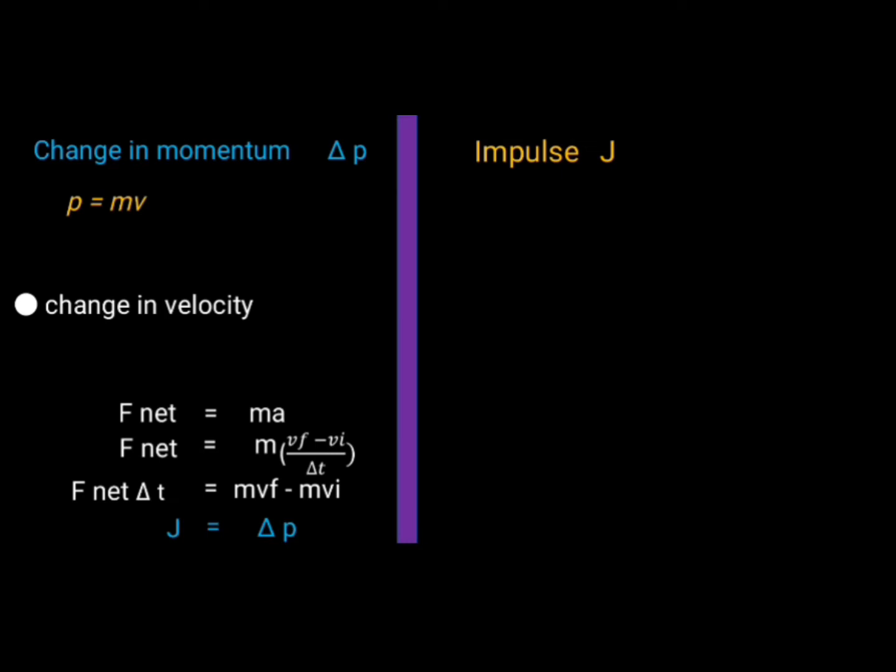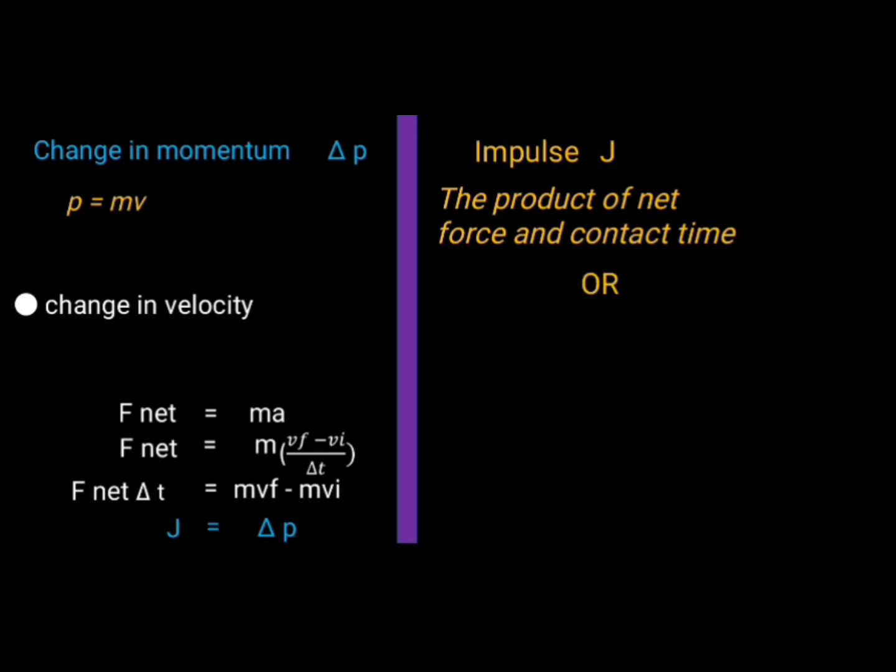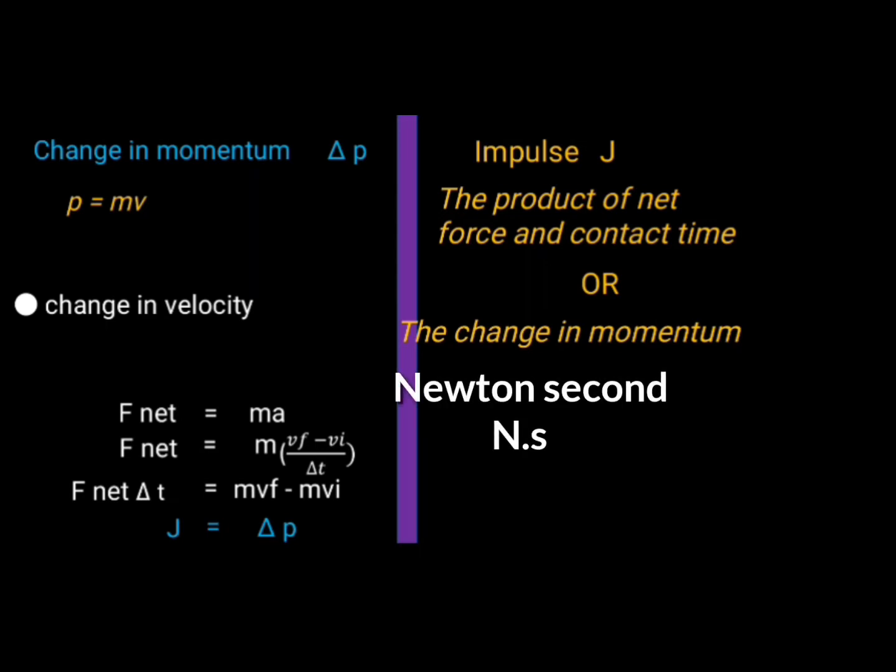There are two definitions of impulse. One, we could say the impulse is the product of net force and contact time. Or we could simply say the impulse is the change in momentum. As a result, we can have two units for impulse. One is the Newton second, based on the formula F net delta t.